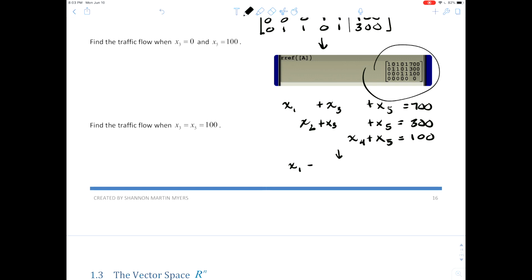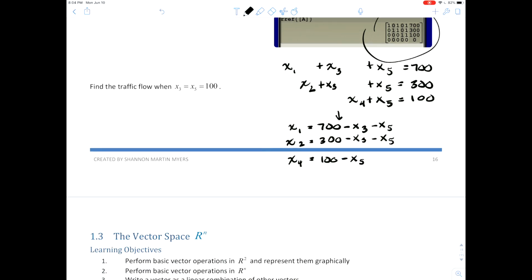So x1 would be equal to 700 minus x3 minus x5. x2 would equal 300 minus x3 minus x5, and x4 is going to equal 100 minus x5, right? So notice that x1, 2, and 4 are all in terms of x3 and or x5.